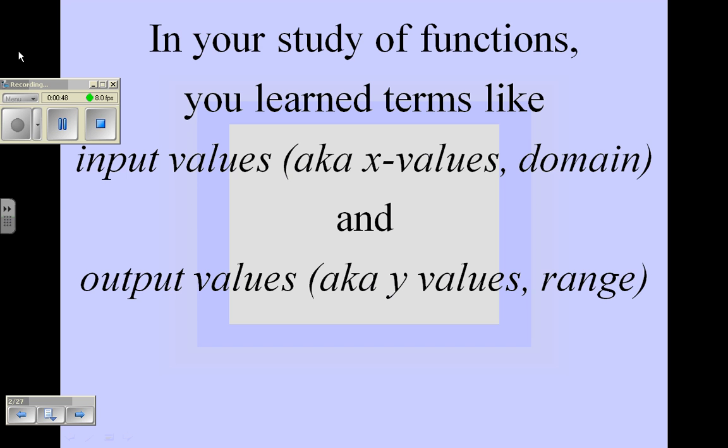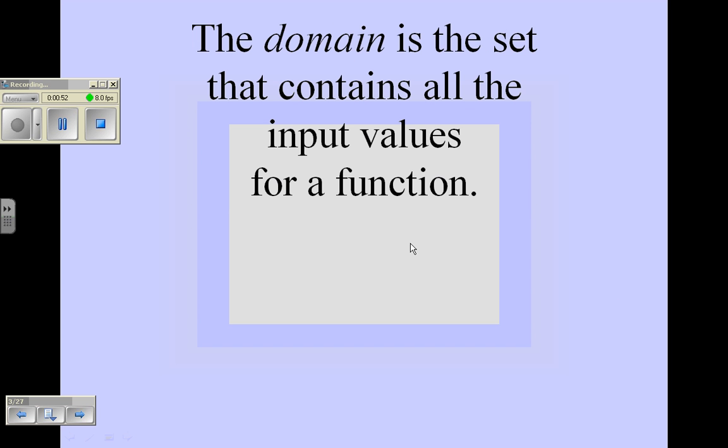The output values, which are the y values, the values that come out of the function, we refer to as the range. The domain is the set that contains all the input values for a function. So it's a set of numbers, or a listing of the numbers, or a definition of the numbers that go into the function.